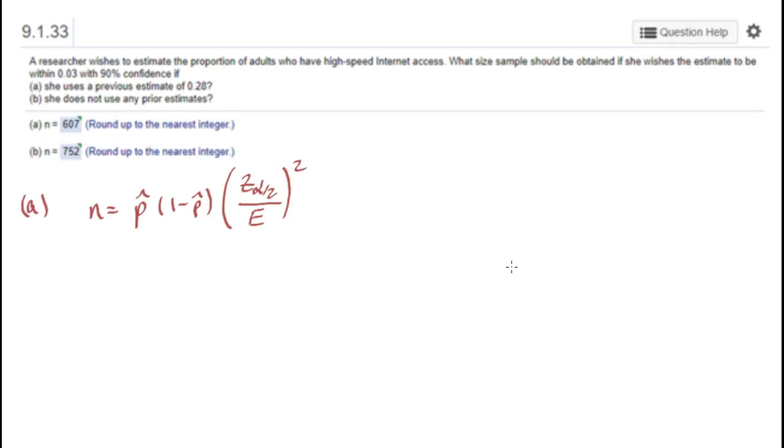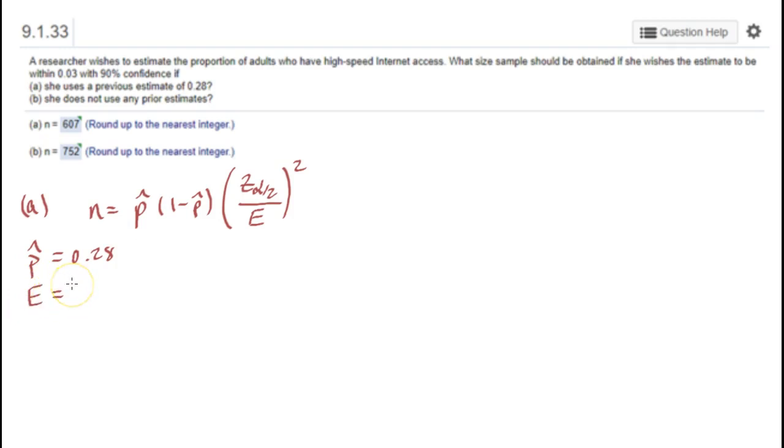Actually, we'll just do this problem before we get into B. So we have a previous estimate of 0.28. So estimate meaning P hat, that would be P hat is equal to 0.28. And we are given the margin of error in the problem.